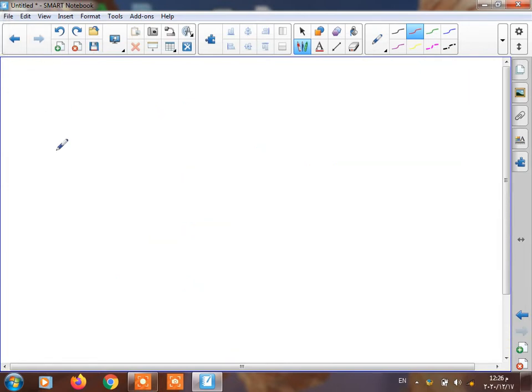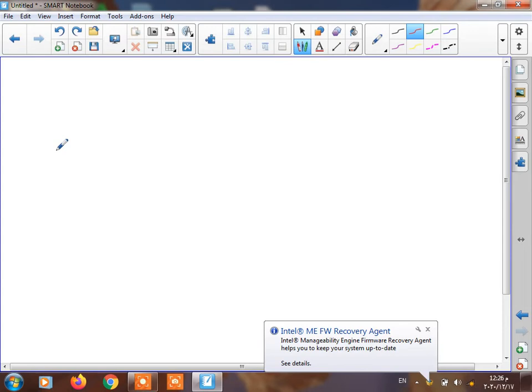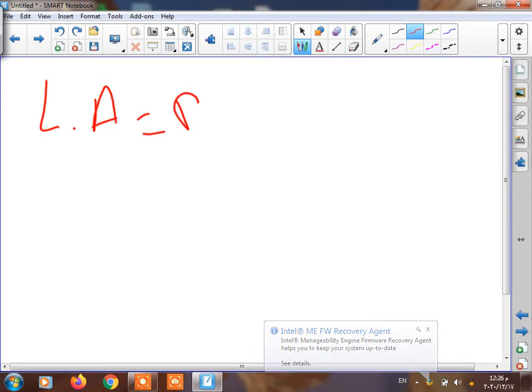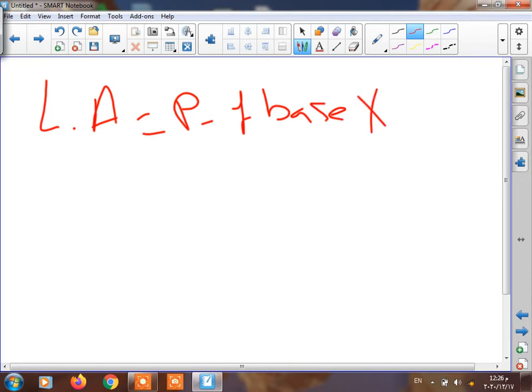Okay, the second problem. A cuboid has a square base, its side length is 5 and its height is 6. He needs to find the total area, lateral area and volume. Number 1, he needs the lateral area. Lateral area equals perimeter of base times height.